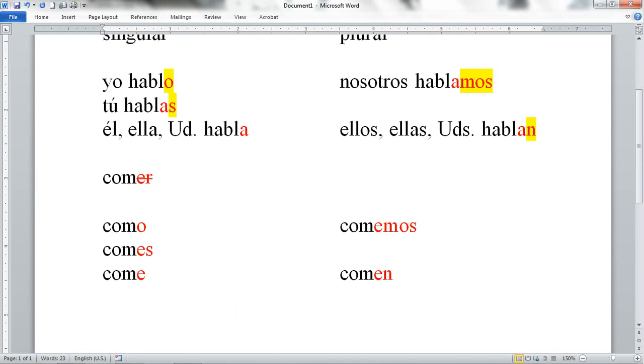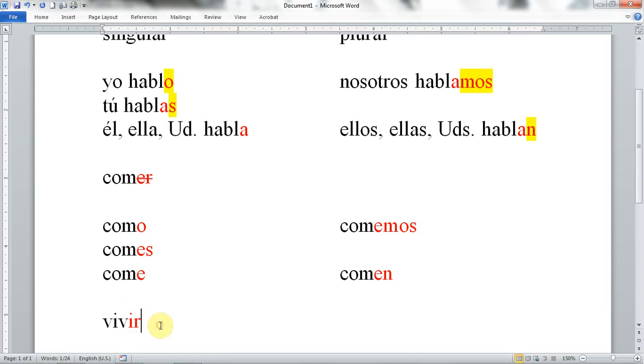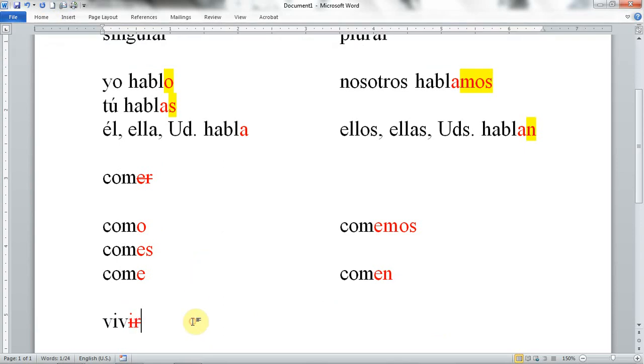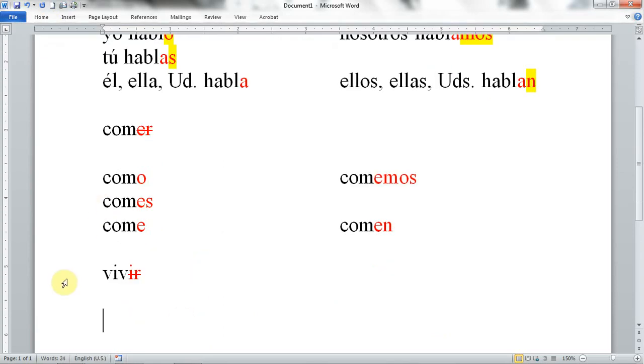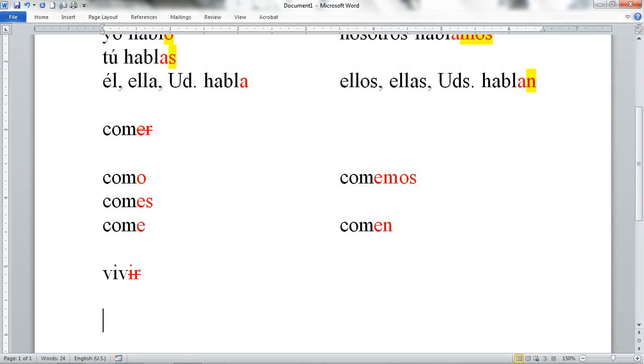Okay. And then let's do vivir. Vivir, to live. Okay. Same thing, you cross out the ending, IR, and, oops, don't cross out that.